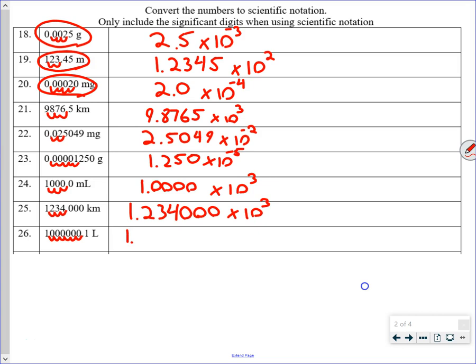I write 1.000001 because those are all significant, times 10 raised up to the 1, 2, 3, 4, 5, 6 power, and it's positive because my original number is bigger than 1.